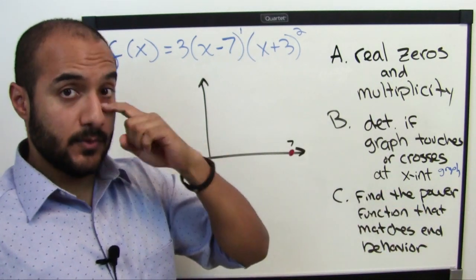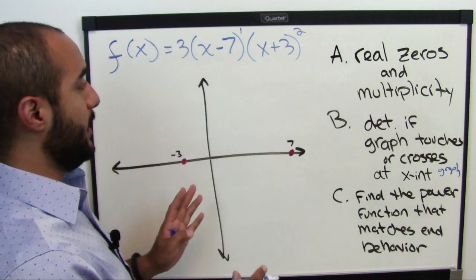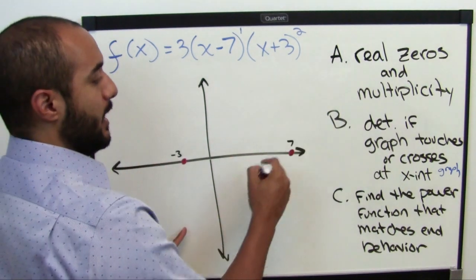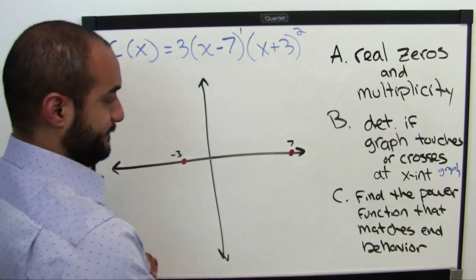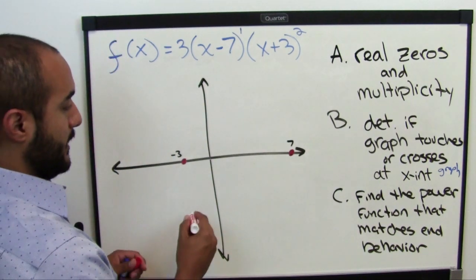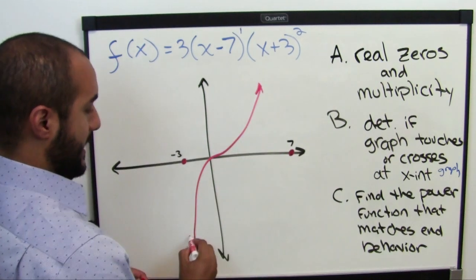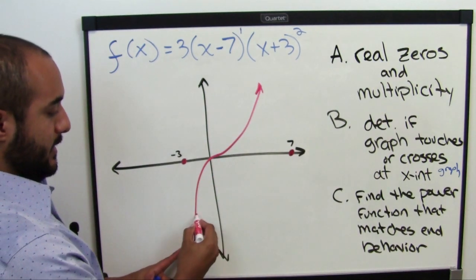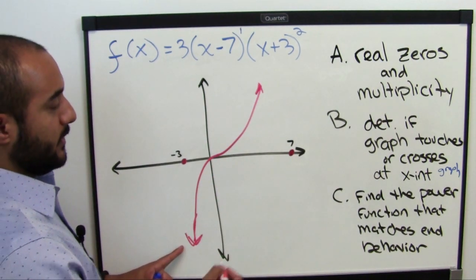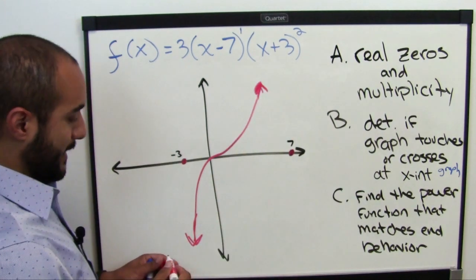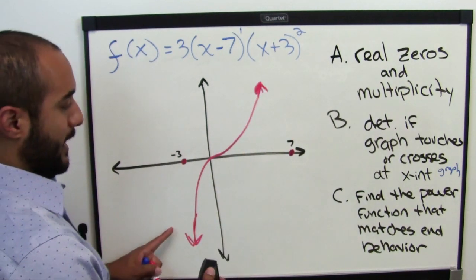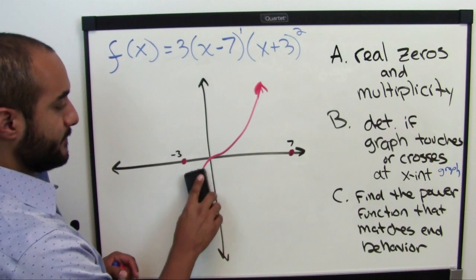So this is to the third degree, a third degree polynomial. This matches my cubic power function. My end behavior is downward on the left, upward on the right. So I know it should look something like that.